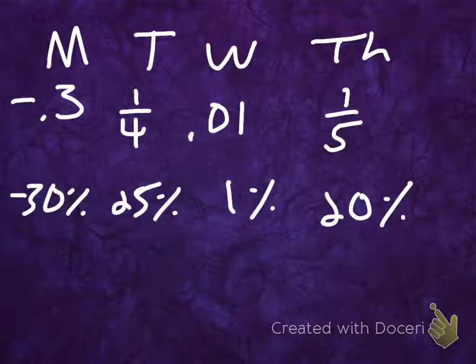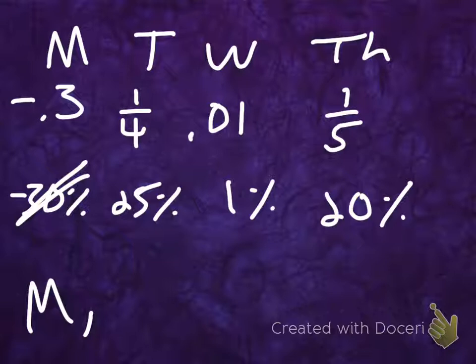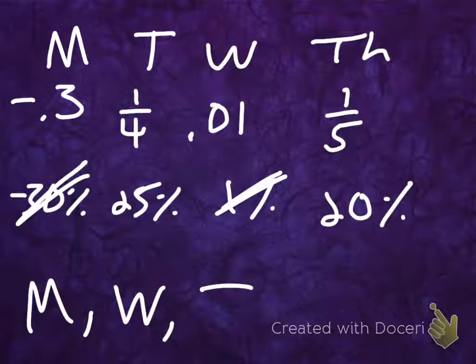Alright, so we're going from least to greatest. So which one of these is the smallest? The negative 0.3. Yeah, negative 0.3 or Monday. That is the smallest because it's the only negative. Alright. The next one? Wednesday because it's 1%. Next? Thursday.